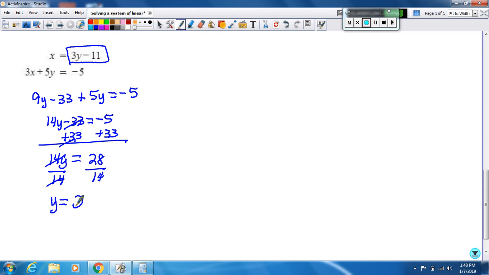Y equals 28 divided by 14 is 2. So we know that x equals 3 times y minus 11. So 3 times 2 minus 11, because we said y was 2. 6 minus 11 means x is equal to negative 5. So you got negative 5 and 2.